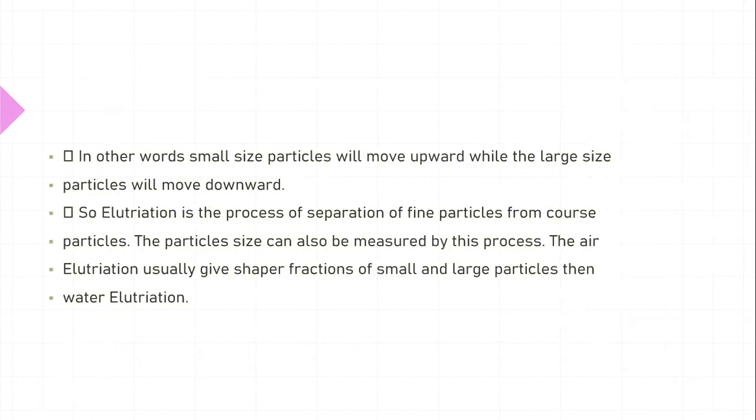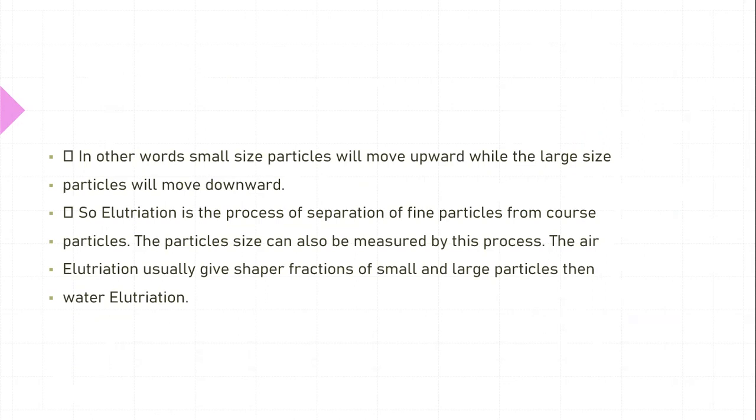In other words, small size particles will move upwards while the large size particles will move downwards, because smaller particles have a lesser sedimenting property. So the bigger particles move downwards and the smaller particles move upwards.